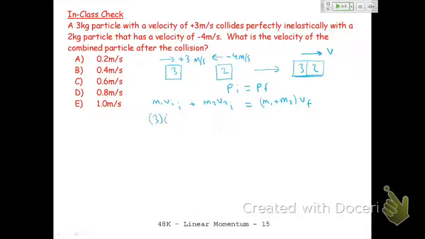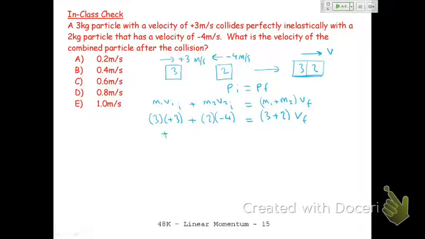So I go 3 times plus 3. Notice masses are just positive. Velocities have signs in front because it's a vector. Plus 2 times minus 4 is equal to, and I'm going to go 3 plus 2 because I want to be sure when I check it that I did remember to add those two together, times V final.